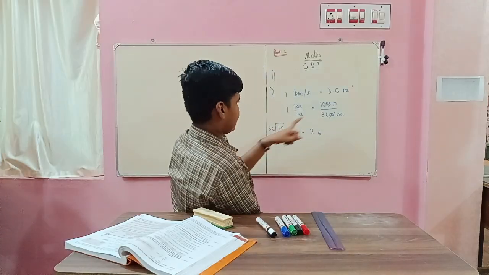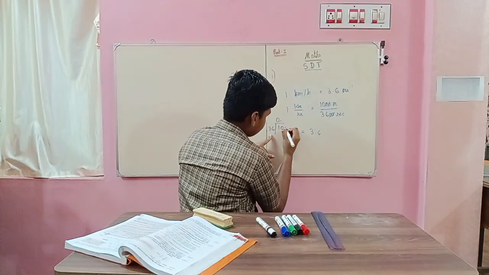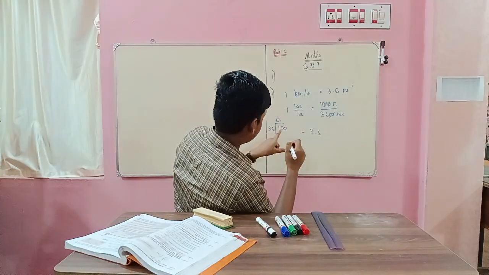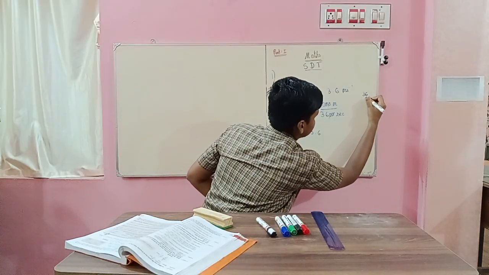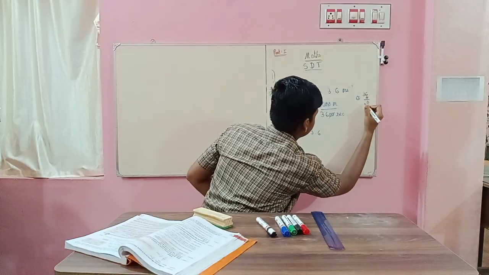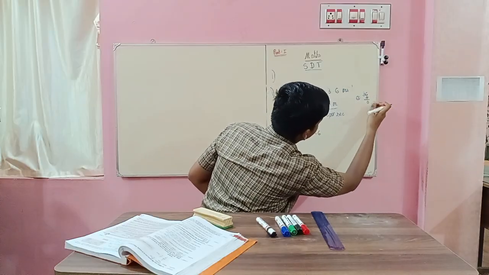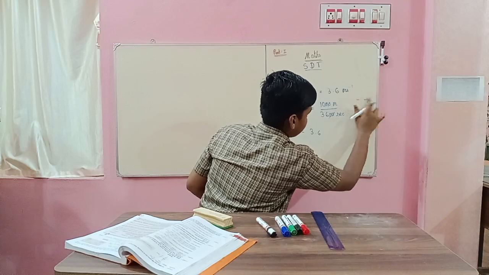Okay? So 10 divided by 36. What happens? 0 point, it becomes 100. So in which table will it go? Let's check in 5. So it becomes 180, not possible.